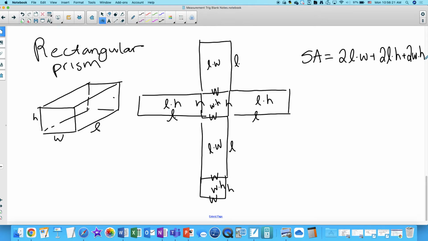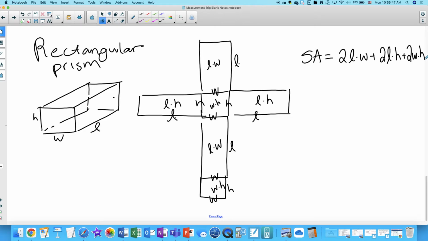Now, you guys have probably seen this before. If you haven't, that's okay. But the reason why it's important to pick this apart a little bit is to understand what these various terms mean, right? The 2 length times width is really talking about 2 surfaces, the bottom and the top of the rectangular prism.